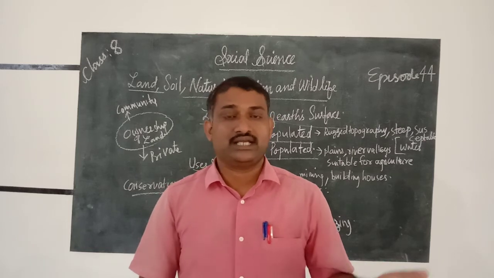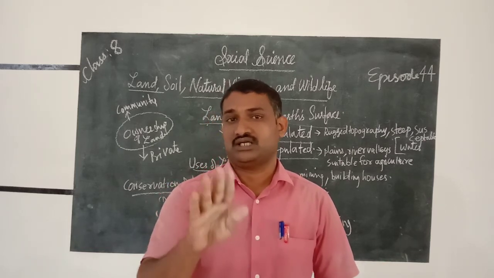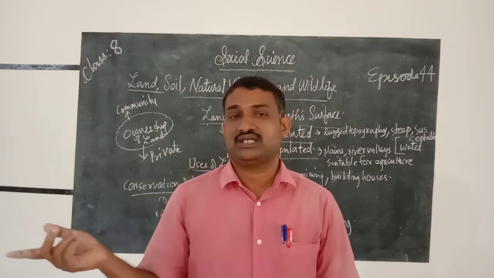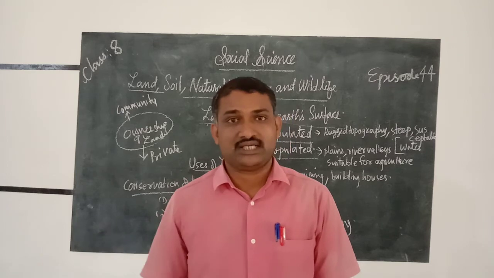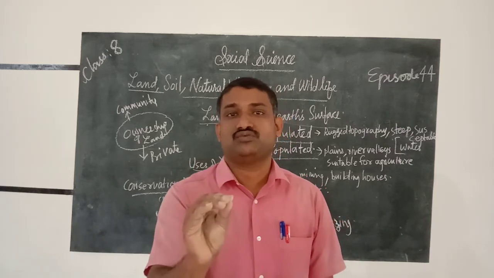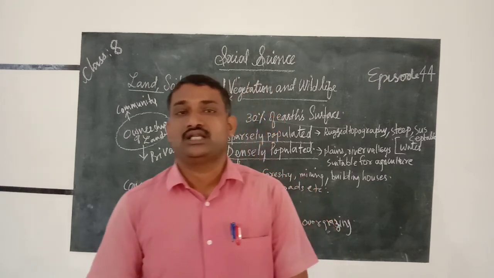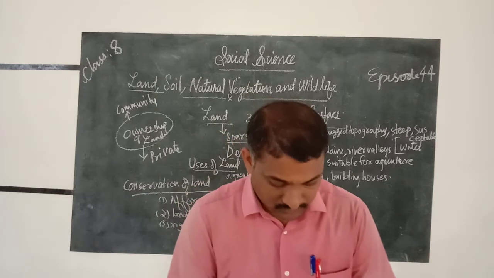In earlier times, people said we must conserve water, otherwise the future generation will have to buy water. Now that is correct. We must limit the use of water, otherwise the future generation will not get water.